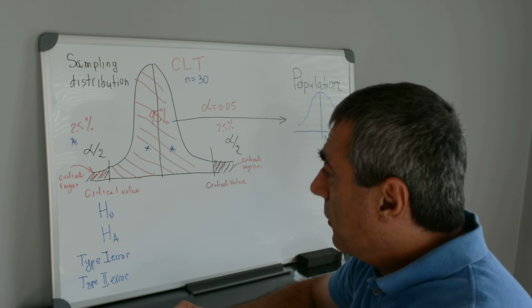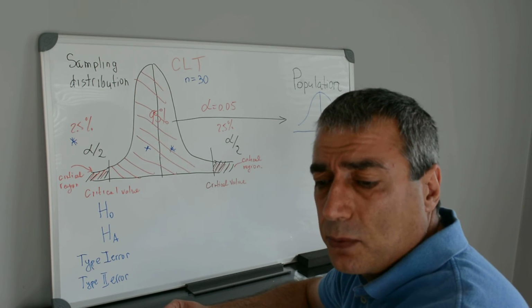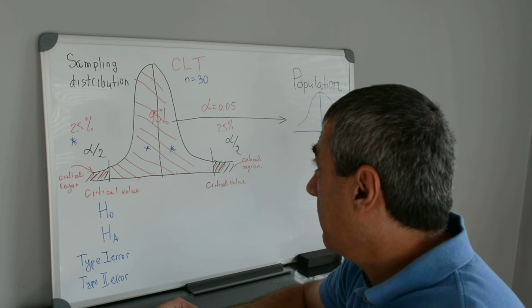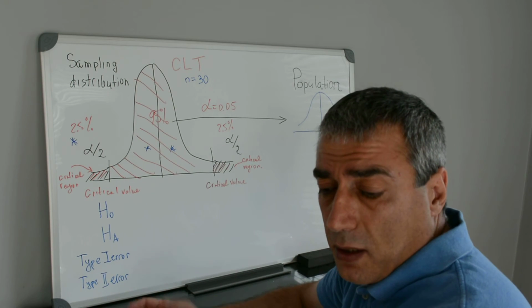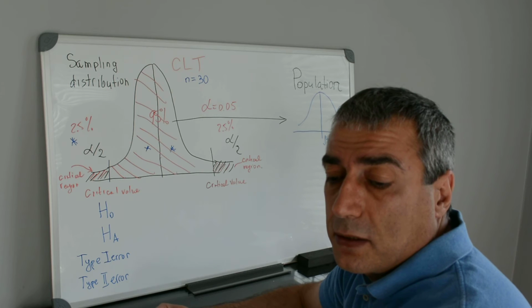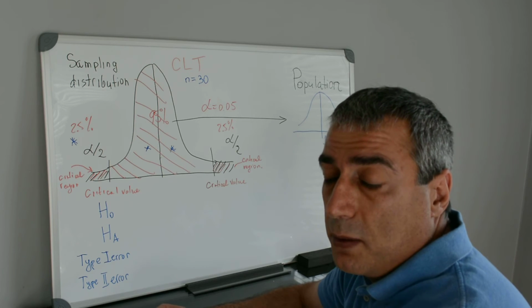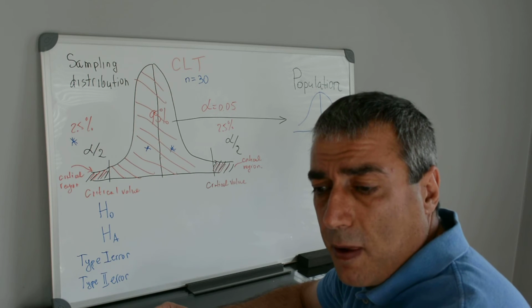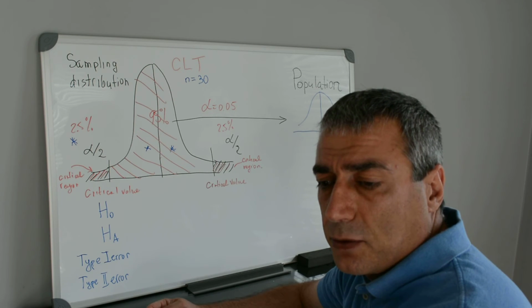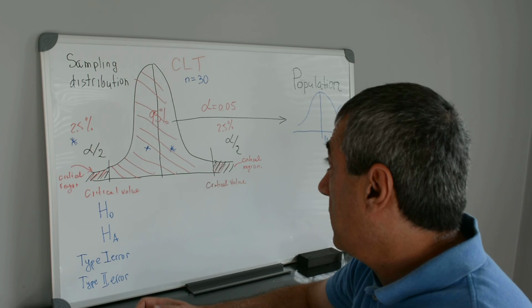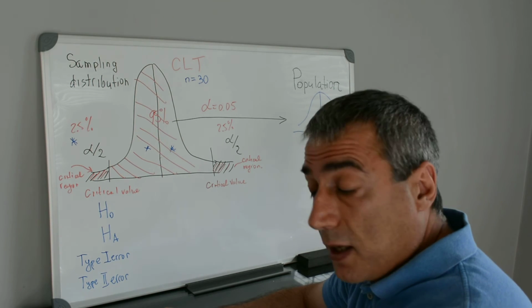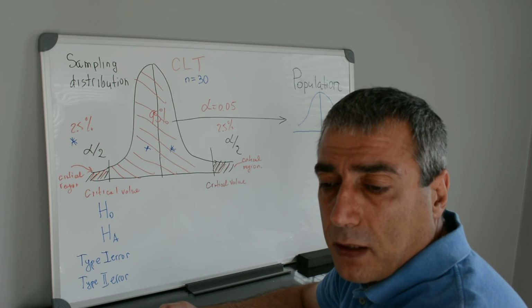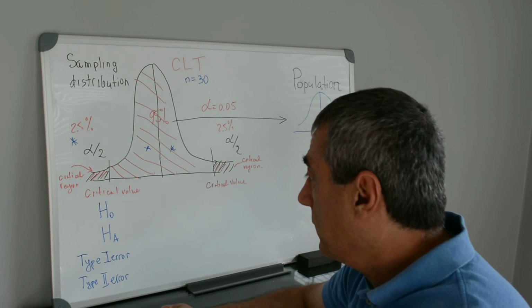And again, there are some hypothesis tests which have significance level 0.01. There are some tests with 0.1, but in the majority of cases, and especially in the areas of business applications, significance level 0.05 is the level of choice.